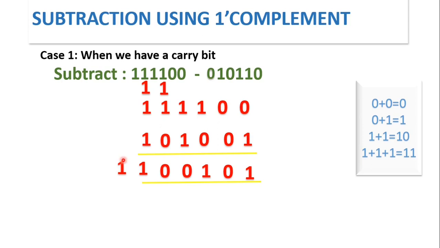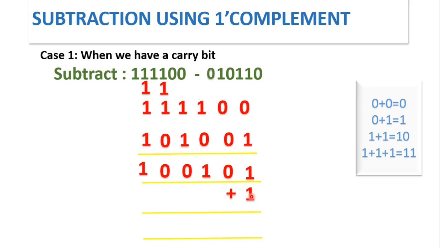If you are subtracting using ones complement and you get a carry, the next step would be that you have to add this carry bit to the least significant bit. I repeat, you have to add the carry bit to the least significant bit.